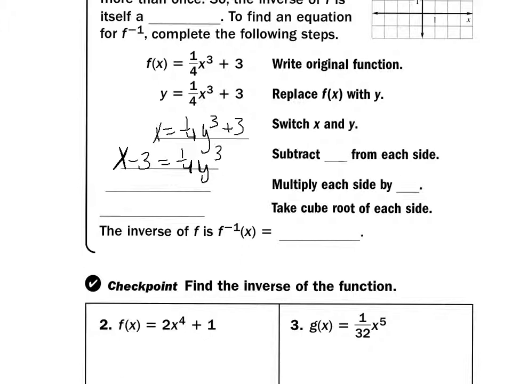Then I'm going to multiply both sides by 4 to get rid of that 1/4. So 4x minus 12 equals y cubed. Then I'm going to take the cube root. The cube root of 4x minus 12 equals y. And I don't need to worry with plus and minus this time because it's a cube root. And that's the inverse of it.